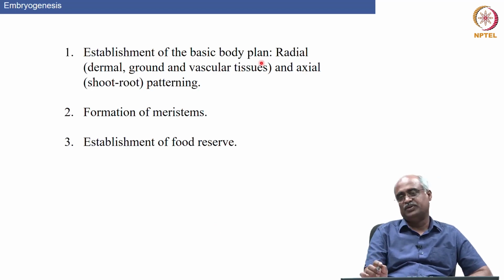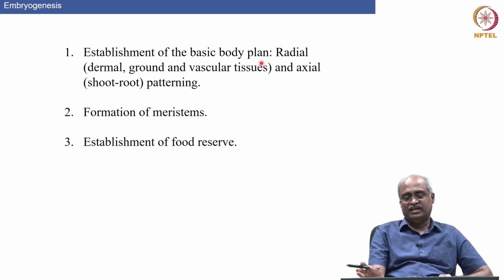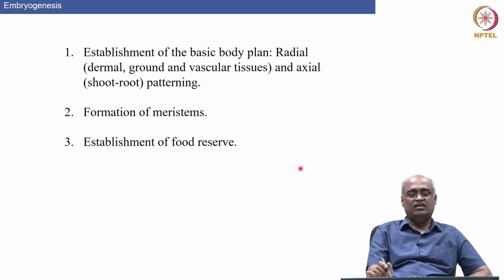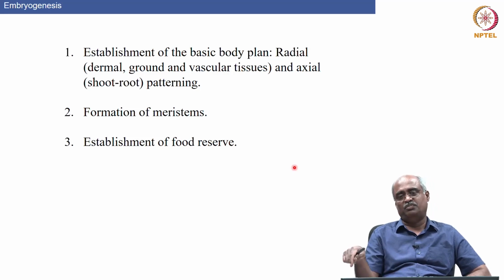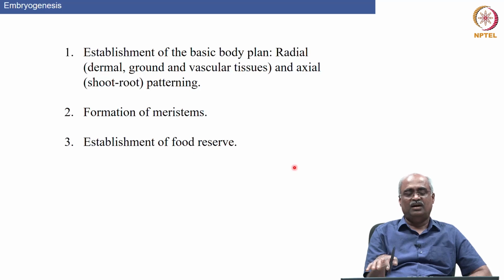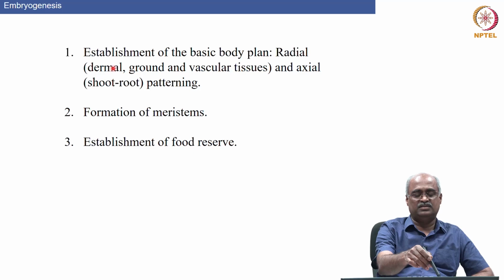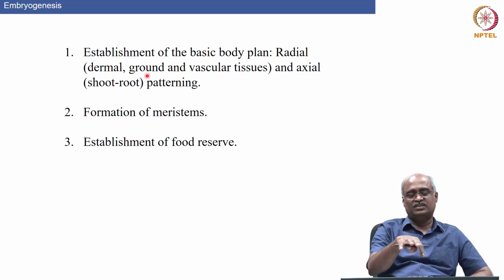We saw that in Drosophila as well, dorsal ventral axis and anterior posterior axis formation, how that is set up first. And here the body plan involves a radial body plan, like if you take a cross section, from the center to the periphery. So, that is the radial plan. From the periphery you have the dermal, the outer layer of plant tissues, and the cortex, the ground tissue towards the outer part of the inner side.